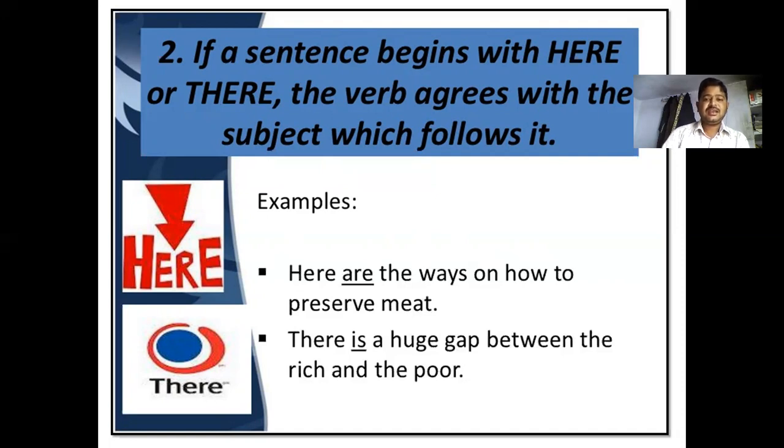The subject can be put at the beginning of the sentence, and it can also be put after the verb form. That is Concord with here and there. These words also represent different kinds of agreement of the subject.